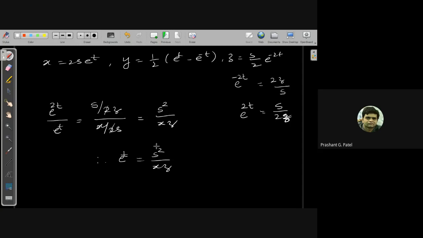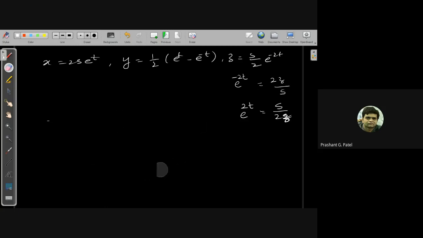So to eliminate s, let us do the square of this one. This will not lead to anything. Let us do the square.